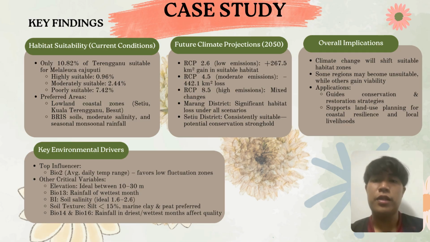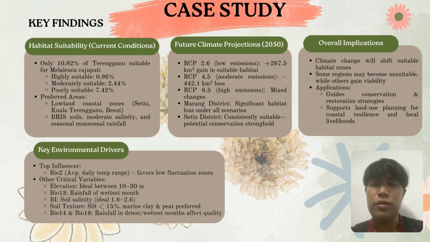Then for the key findings, the MaxEnt model successfully identified the current and future potential distribution of Melaleuca cajuputi in Terengganu, revealing significant insight into its habitat preferences and climate vulnerability.